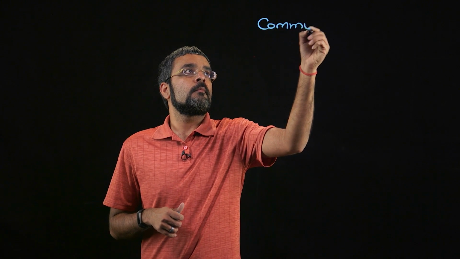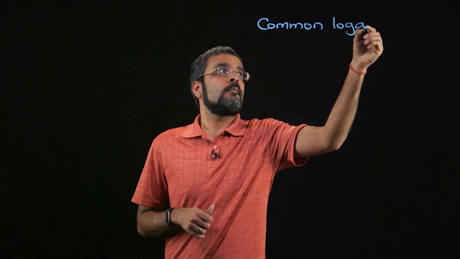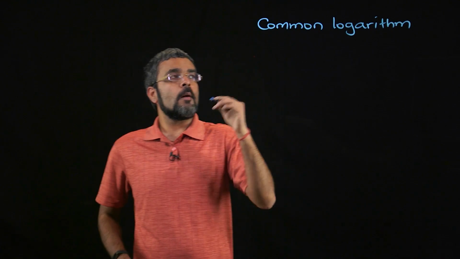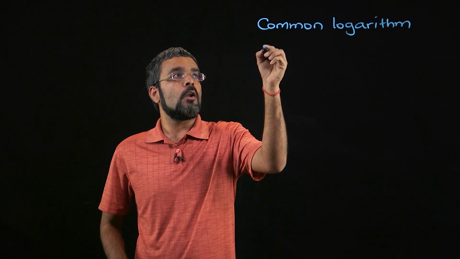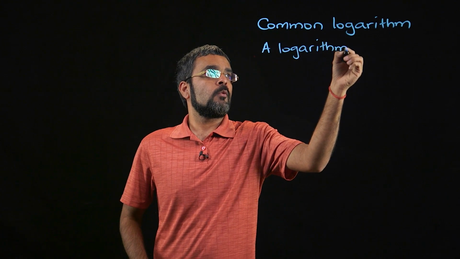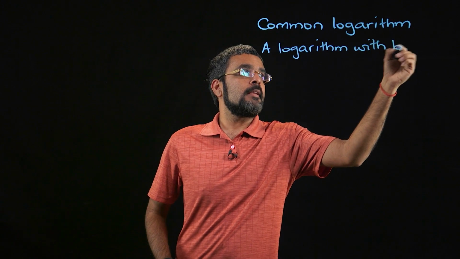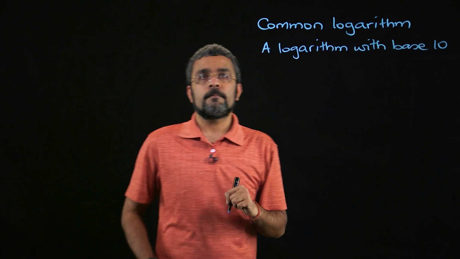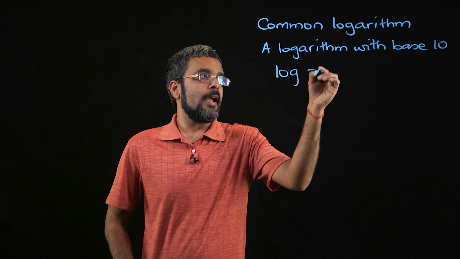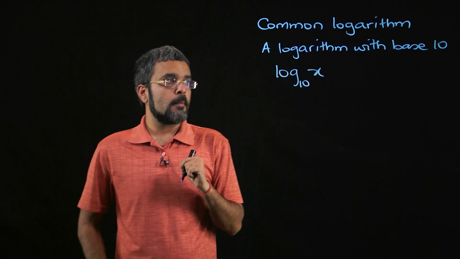Now, I just wanted to introduce two notations to you, and one is what we call the common logarithm. A common logarithm is a logarithm with base 10. For example, log of x to the base 10 is a common logarithm.